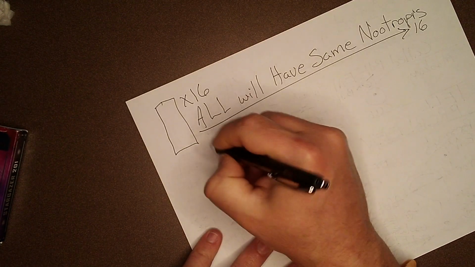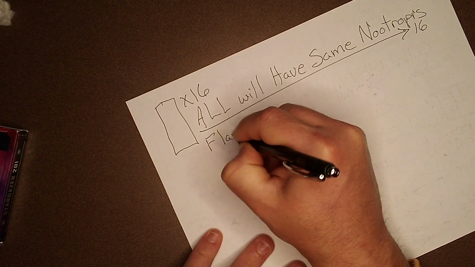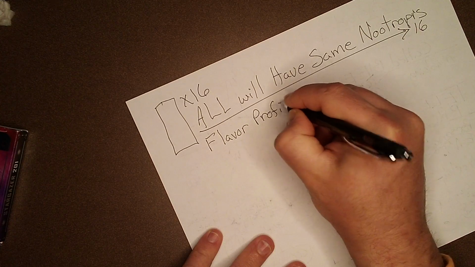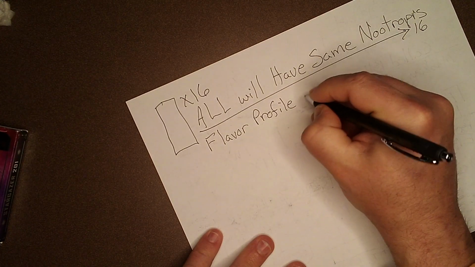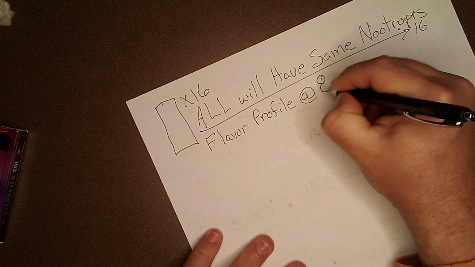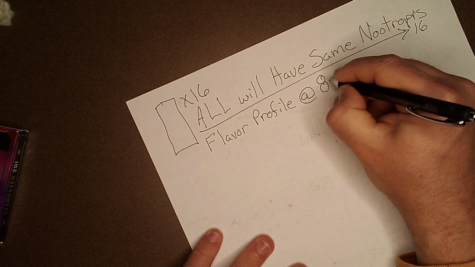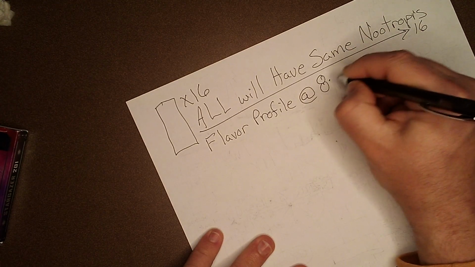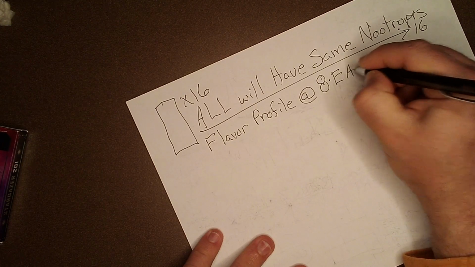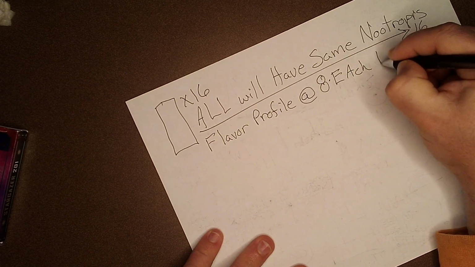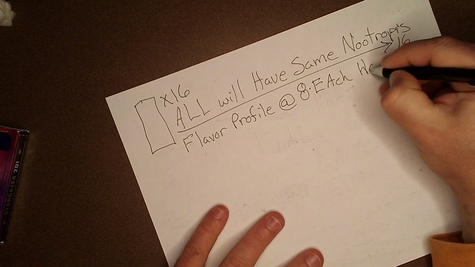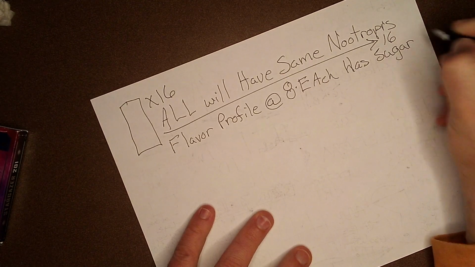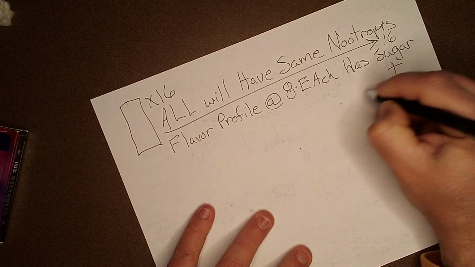All right, then we have a flavor profile at 8. Now, technically, each has sugar plus and minus, so there's 2.